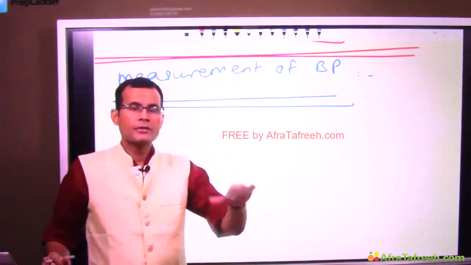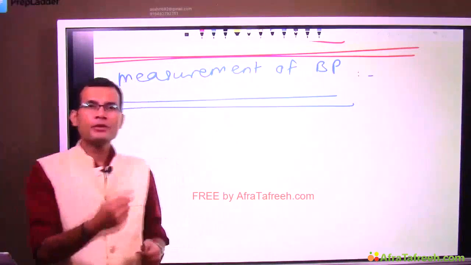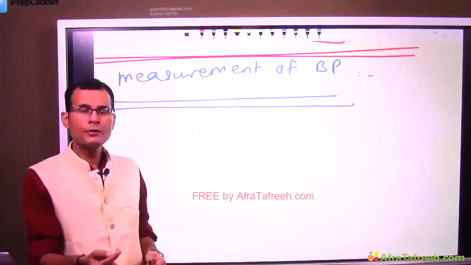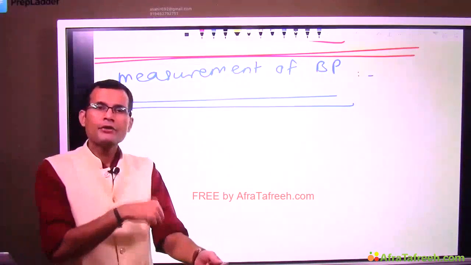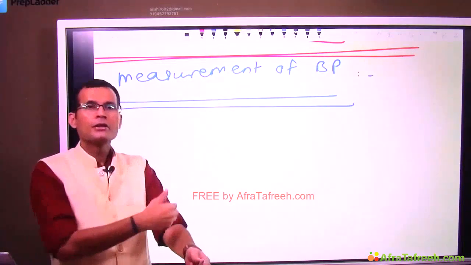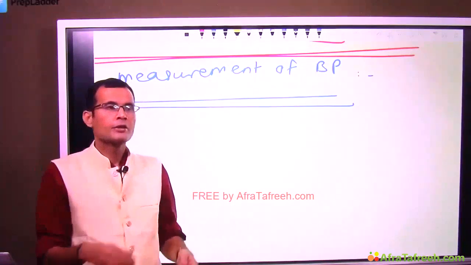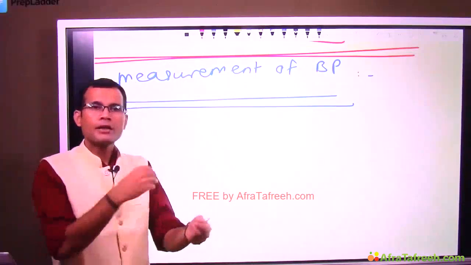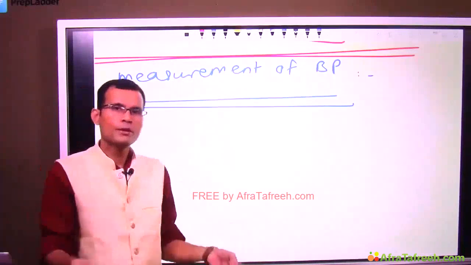A patient is admitted in the ICU and his blood pressure is being monitored continuously and simultaneously by an intravascular catheter and the sphygmomanometry. All right, the patient's blood pressure is being monitored continuously by the intravascular catheter and the sphygmomanometry cuff. Both are being done simultaneously.